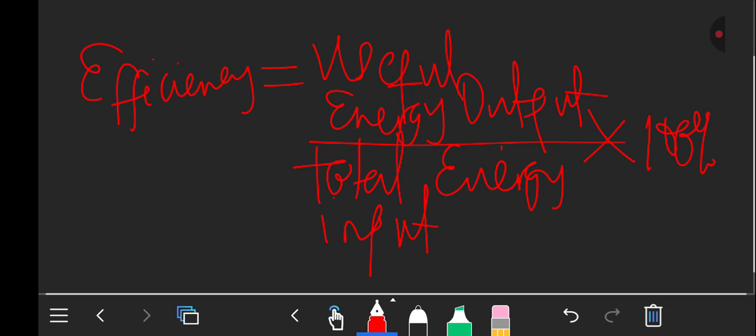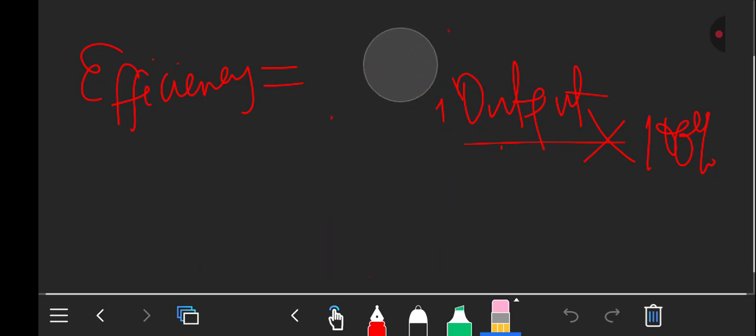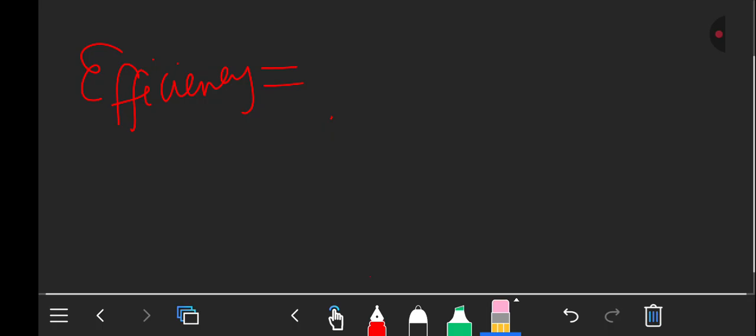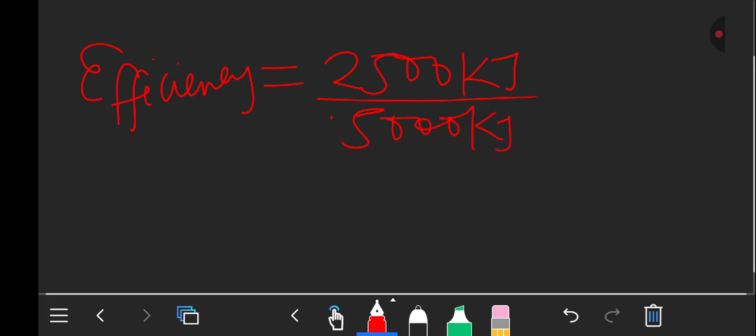So efficiency will be equal to, the useful energy output we are told is 2,500 kilojoules, then the total energy input was 5,000 kilojoules. Then we multiply this by 100%. So what will be the efficiency?